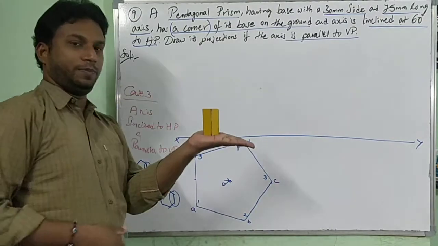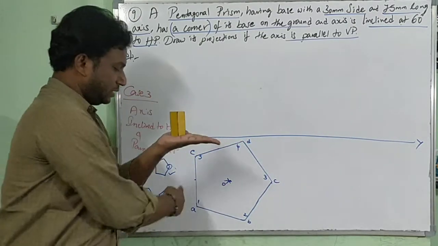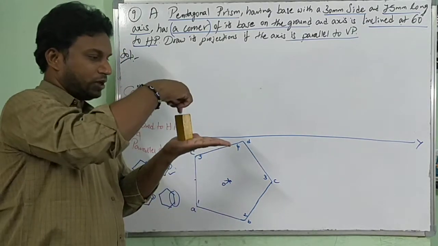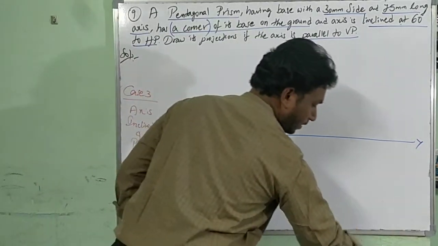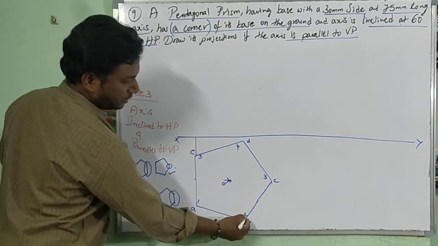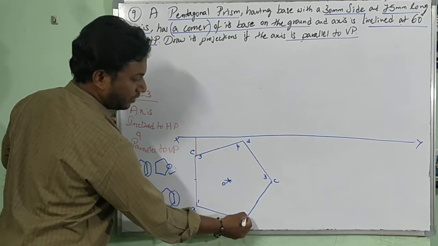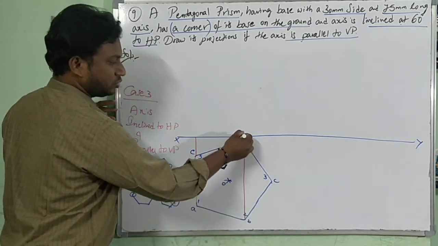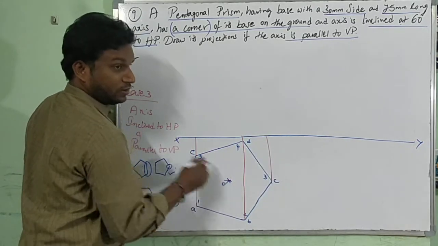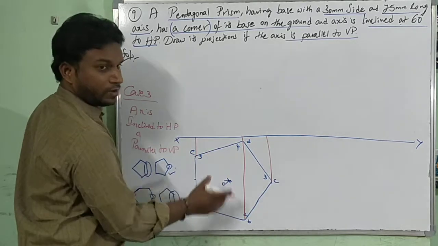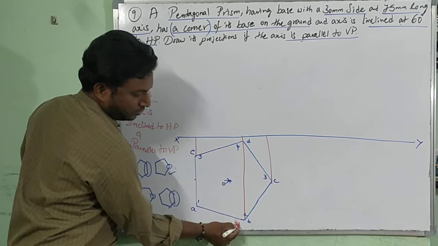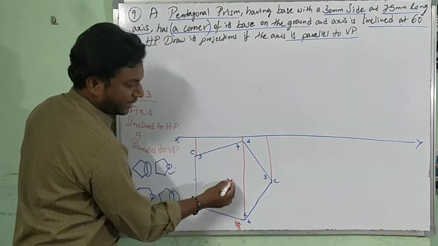Pentagonal prism: top base A, B, C, D, E, bottom base 1, 2, 3, 4, 5. True shape, centroid. Coming to projectors, from A, E, single projector. B, if I draw a vertical projector, it will pass through D. C, single projector. From O, it's different. See, in the previous hexagon problem it was dominated, but when I am looking from here, the front view, O is separate.